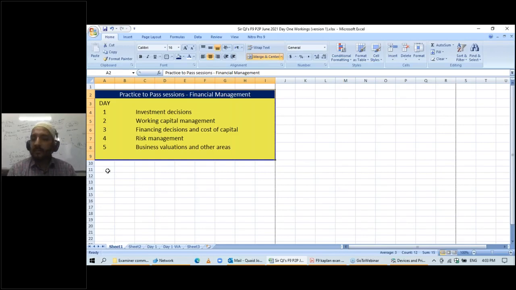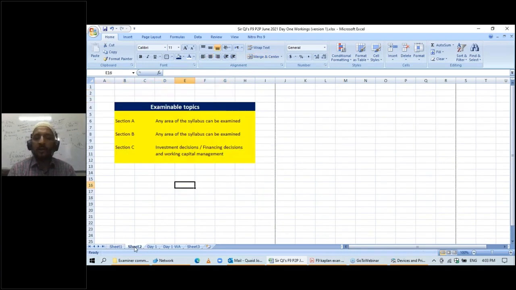Participants, today we'll be starting with investment decisions. But before starting that, I want to tell you about the examinable topics in various sections of the exam. We have three types of sections and three types of questions in the exams.